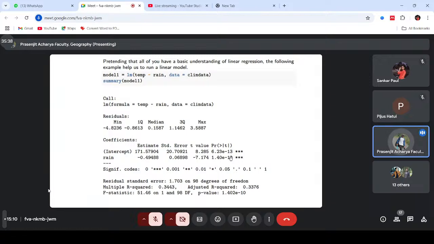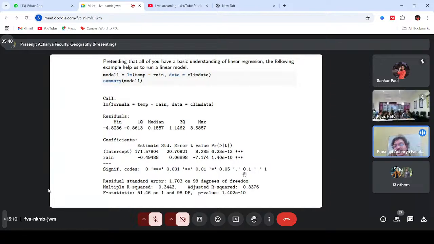This is 99%, this is 95%, this is 90%. So if you run the trial 100 times, more than 99% guarantees that it will end up with a non-zero coefficient. So we can say that the estimated beta 1, which suggests the effect of rainfall on temperature, is certainly a non-zero effect.